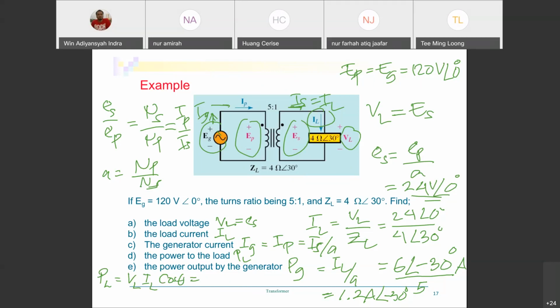The angle between V and I is 30. So VL just now is 24, I is 6, cos 30.